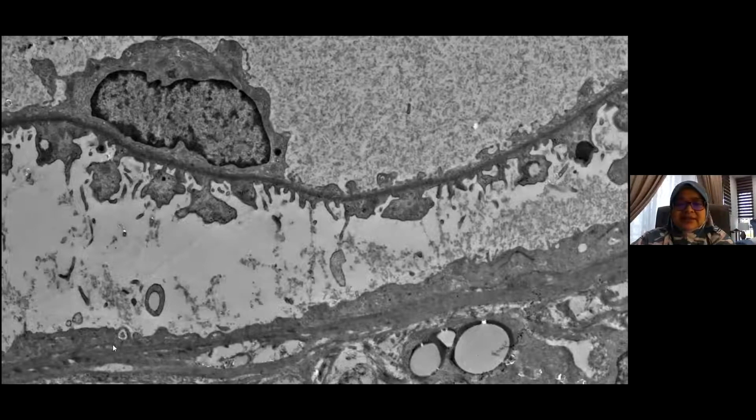This is again the Bowman's capsule, and this is the parietal epithelial cells, and this is the interstitium, and this is one of the capillary loops, and this is the endothelial cell. You can see some fenestrated endothelial cells there. The foot process in this area showed focal effacement, but otherwise not too bad.